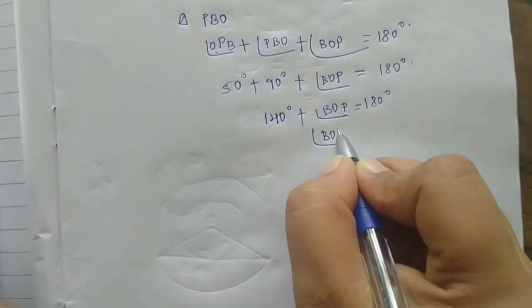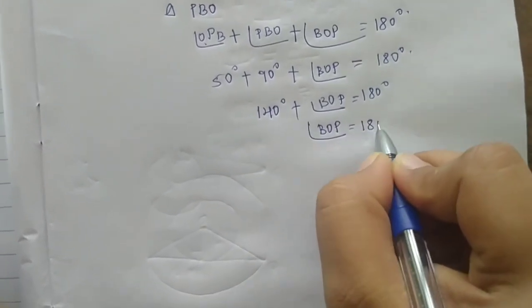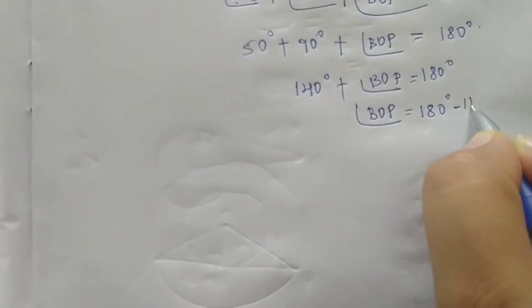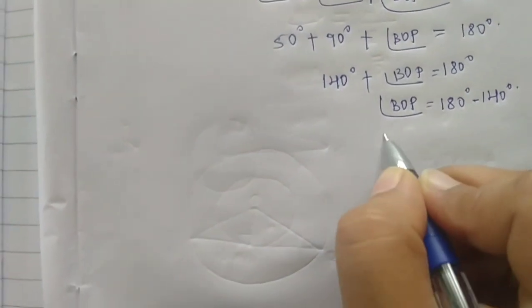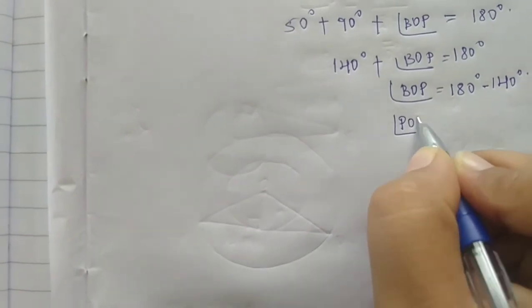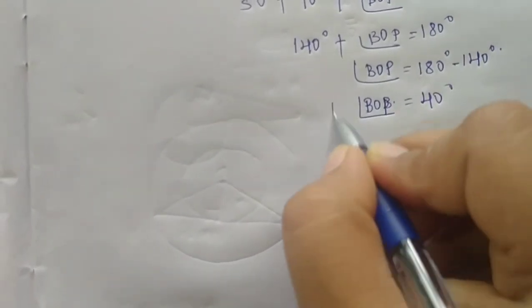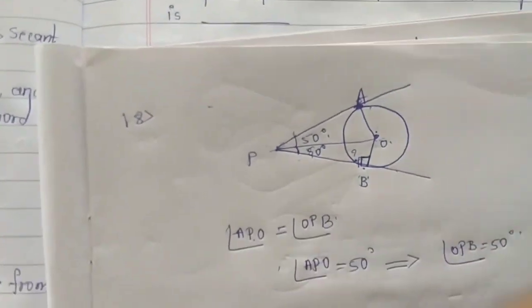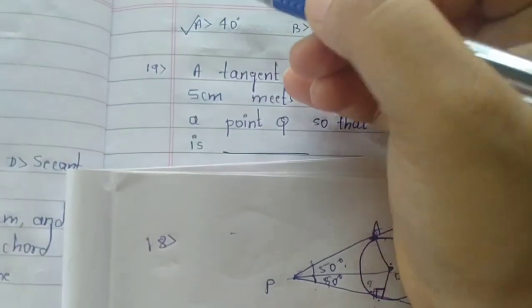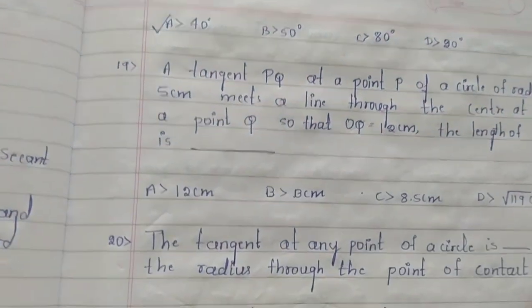Therefore, angle BOP is equal to 180 degrees minus 140 degrees. Therefore, the value of angle POB or BOP is 40 degrees. Therefore, the correct answer is option A.